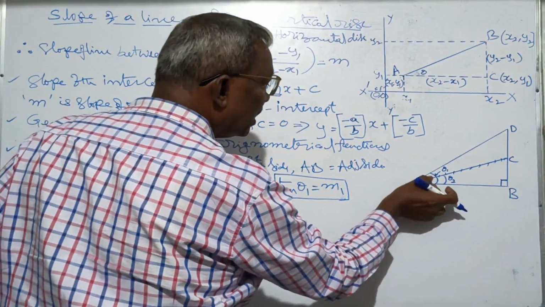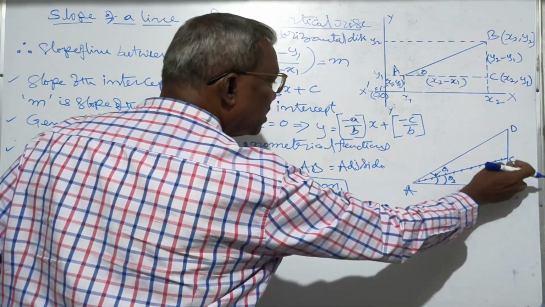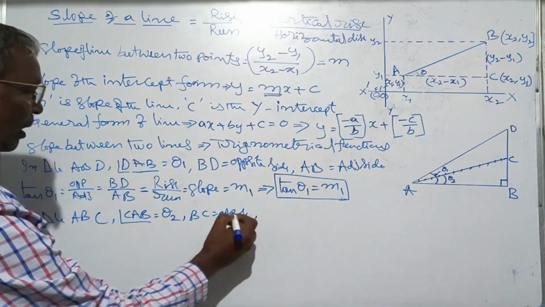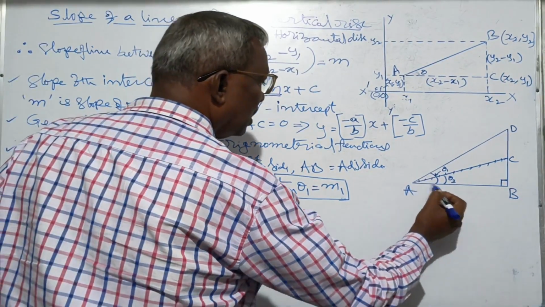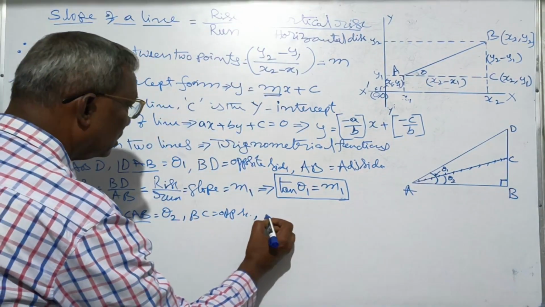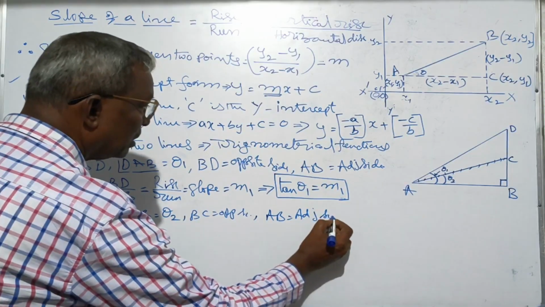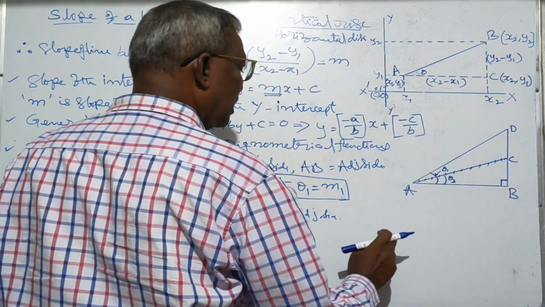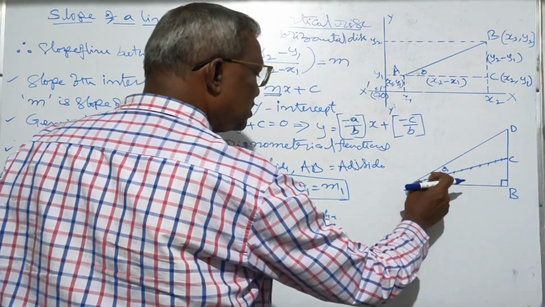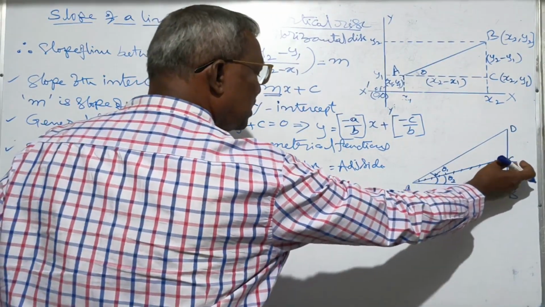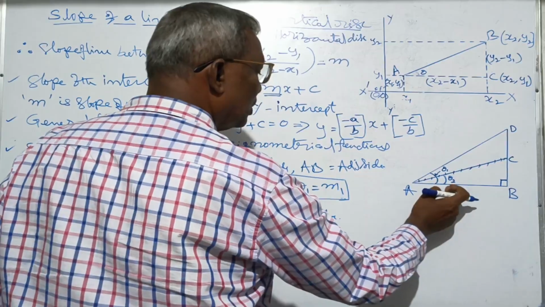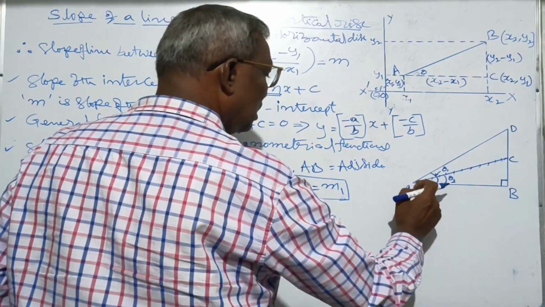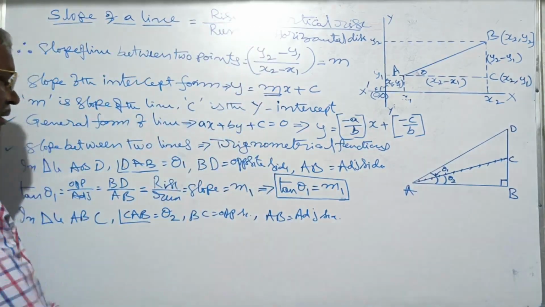So with this angle, the opposite side is BC, and similarly AB is the adjacent side. In triangle ABC, angle CAB is equal to theta 2, BC is the opposite side, and AB is the adjacent side.